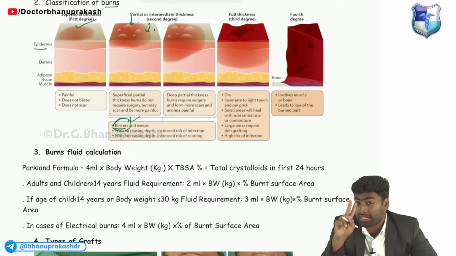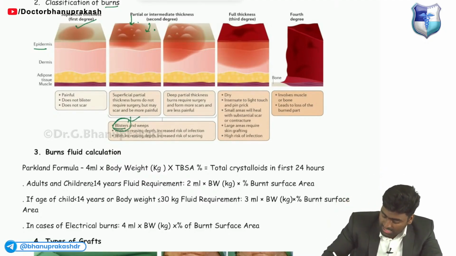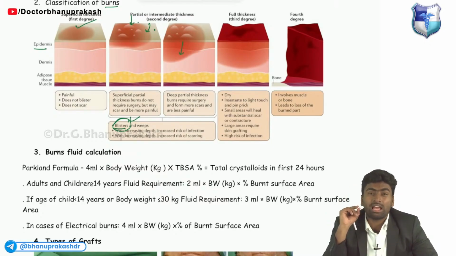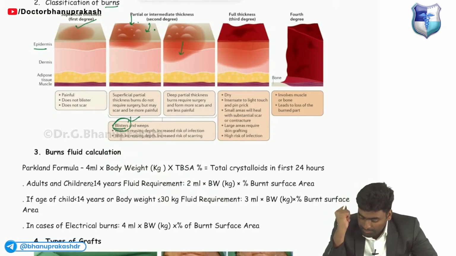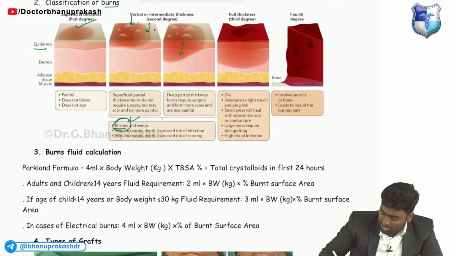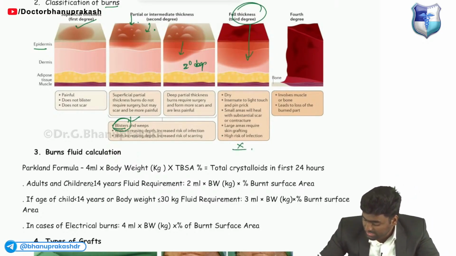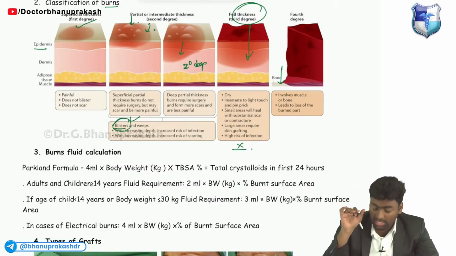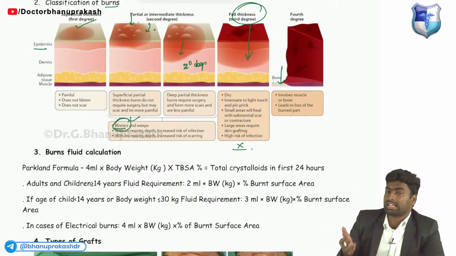In second degree deep burns, it will be less painful, and there is presence of prick sensation. Whereas in third degree burns, which are deep burns, there will be no sensations. If it is involving the muscles and bones, then it is the fourth degree burns. This is how you will classify the burns.